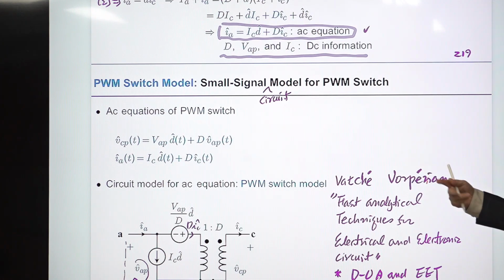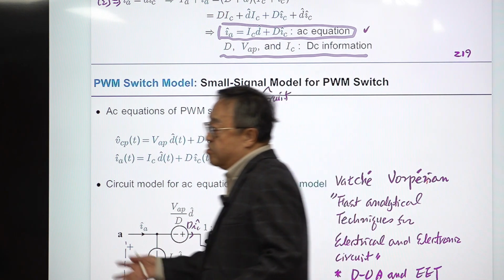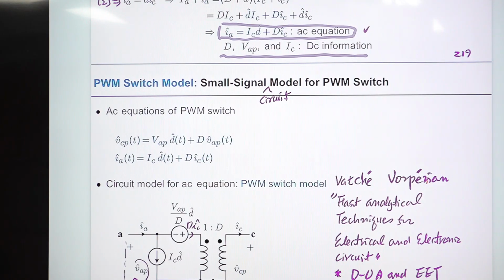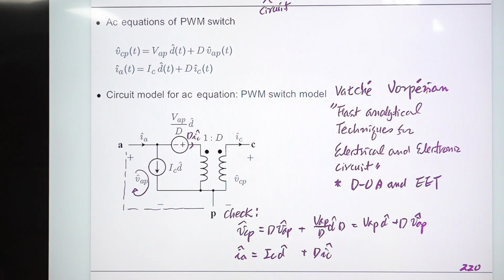So this is the part of the PWM converter which is a circuit. A circuit model is much easier to memorize and deal with, and most favorably, this circuit structure can be directly programmed into your circuit simulator. You don't have to change anything, as the simulator accepts this as it is.